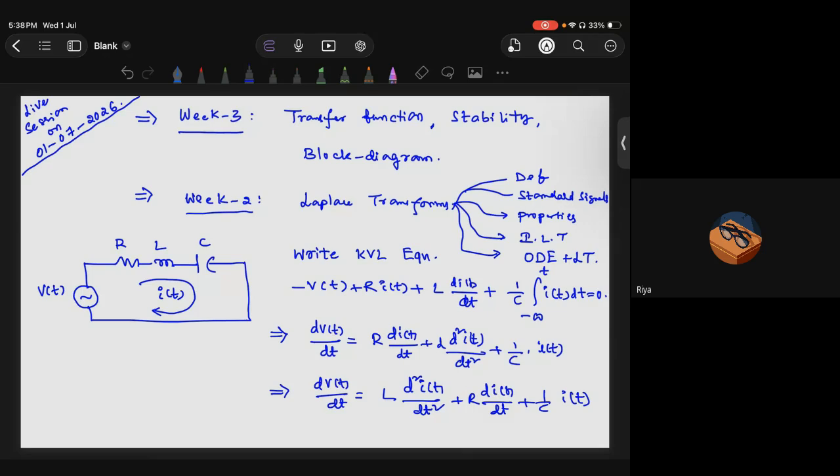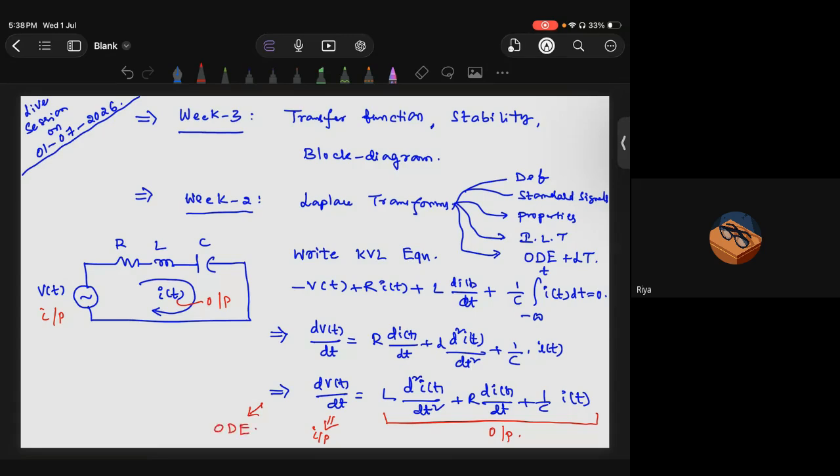Suppose in this circuit you assume this is the input you are giving and the current is the output. What do you see? We have separated input terms and output terms. Basically this is a differential equation, an ODE.